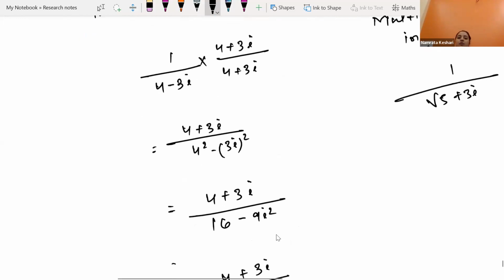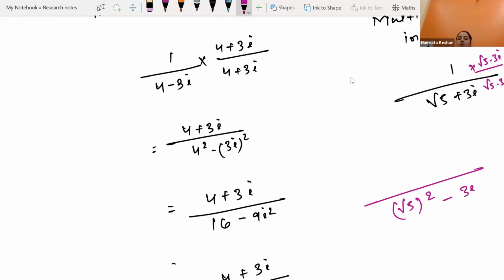For that, what do we need to multiply over here, Ali and Alina? Root 5 minus 3i by root 5 minus 3i. Now the denominator became root 5 square minus 3i whole square and the numerator is just root 5 minus 3i.